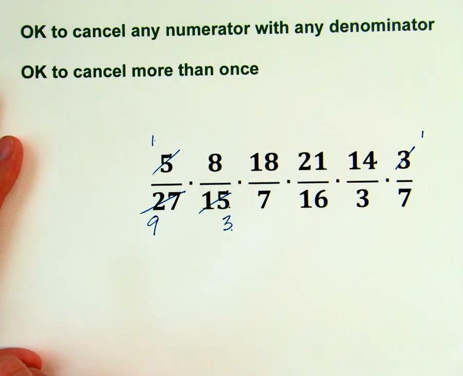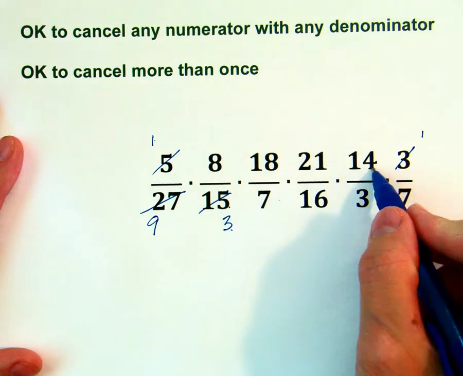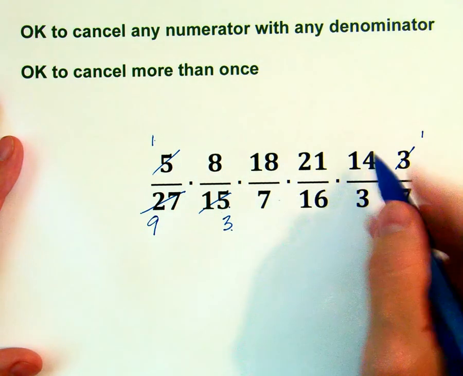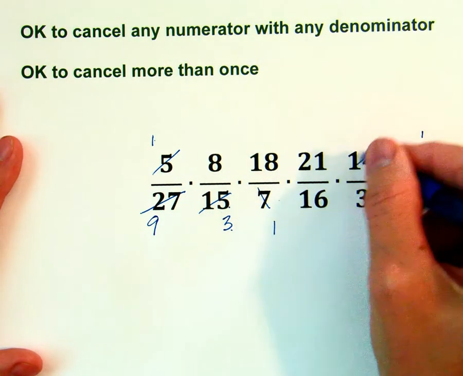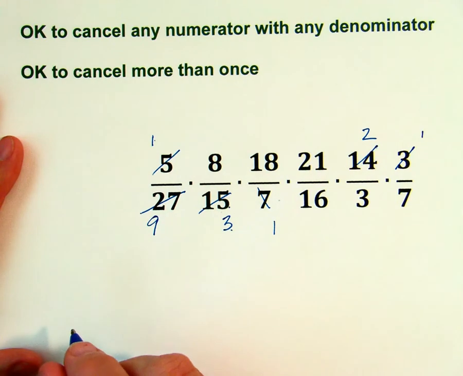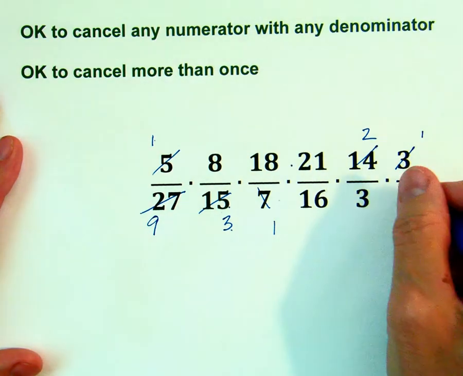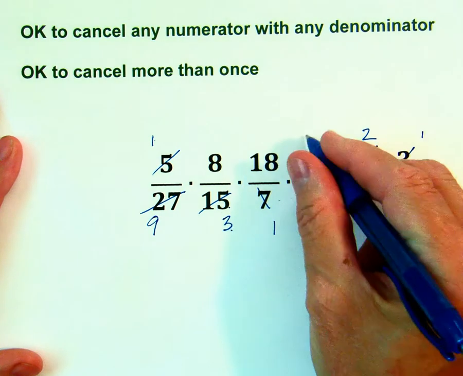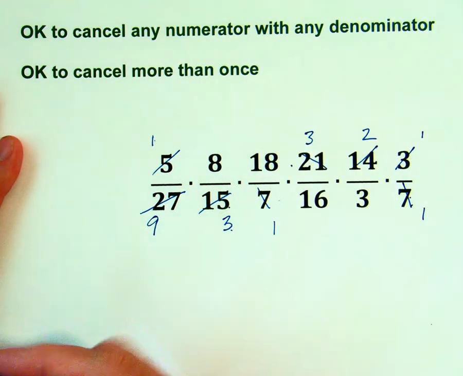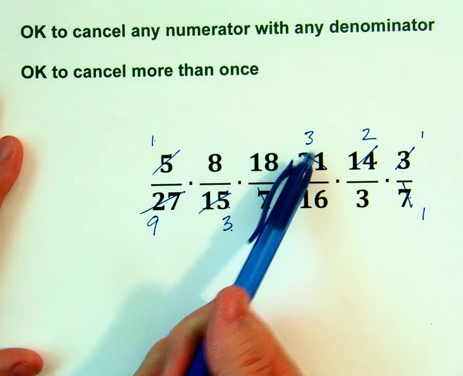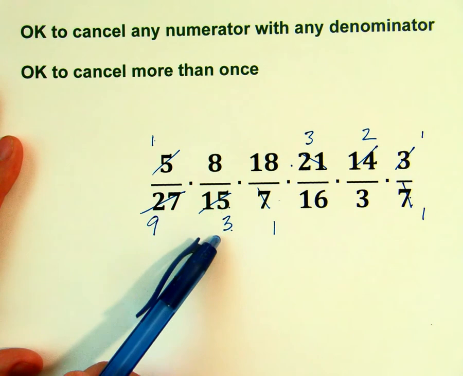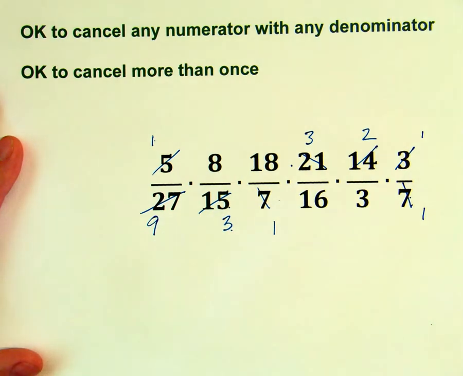Let's see. Oh, look, 7 and 14. Those will both divide by 7. What else? 7 and 21 will both divide by 7, giving 1 and 3. Oh, look, there's a 3 and there's a 3. But I've already canceled that one. So what? I can cancel it again.